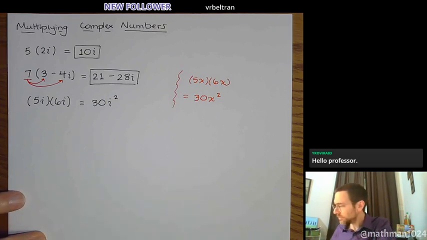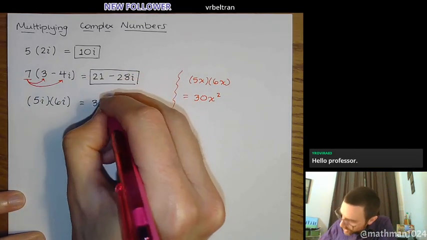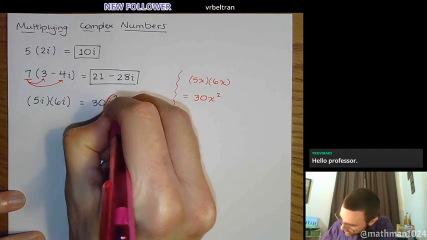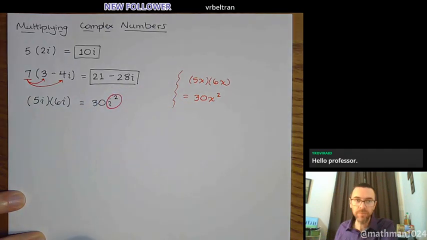However, we do not leave i squared. You're never going to leave a power of i higher than the first power. Now on the first page of notes today we said how i squared is actually negative 1.